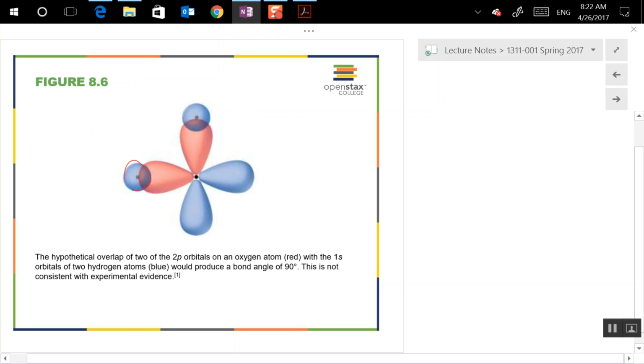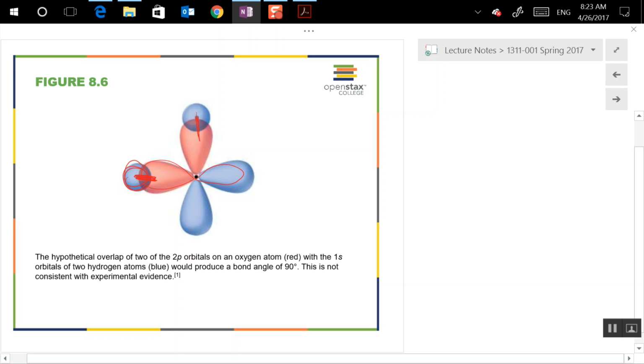So here we have an s orbital and a p orbital coming together. What type of bond? Sigma, right? That's a sigma bond. Sigma bond, sigma bond. This could be something like water here, making those two sigma bonds.